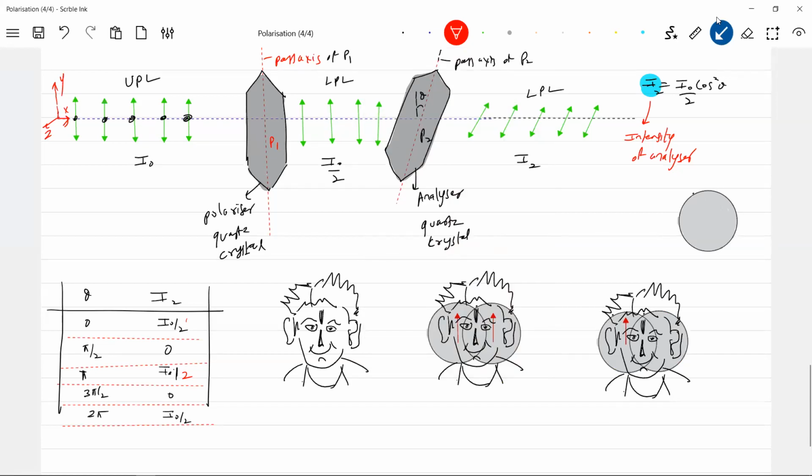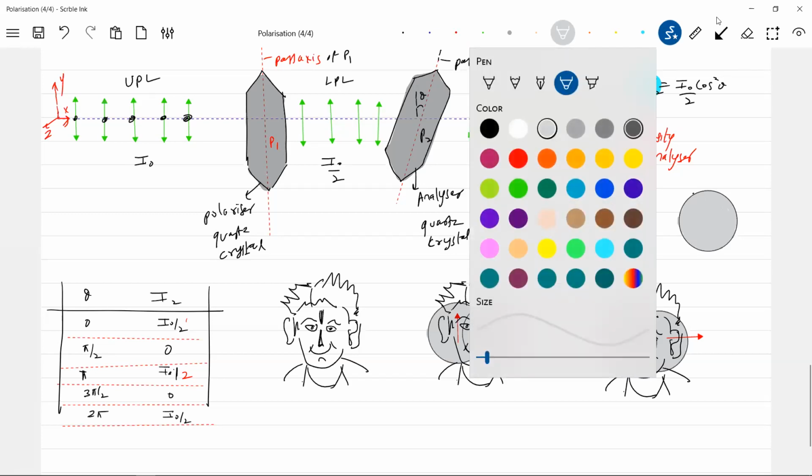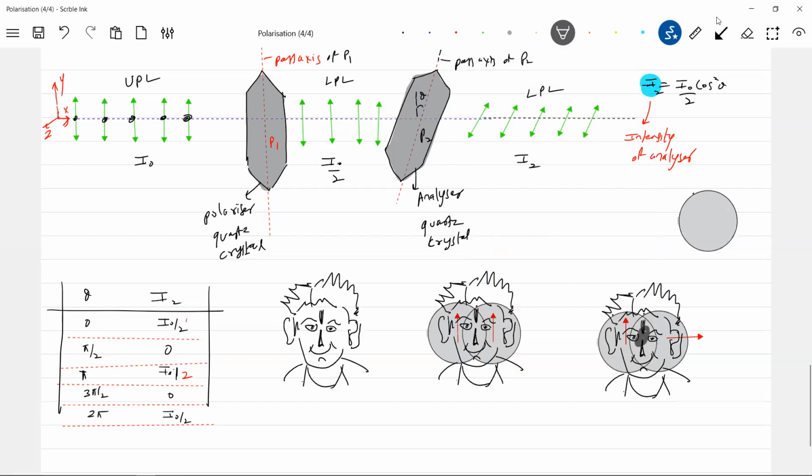The pass axis of this one is like this, and of this one is in this direction. Are you trying to notice now? So you see complete dark. You don't see this part of my face. You should not see it.